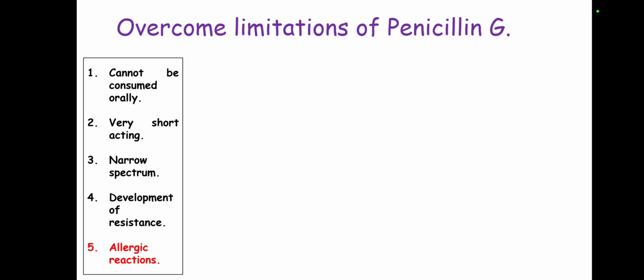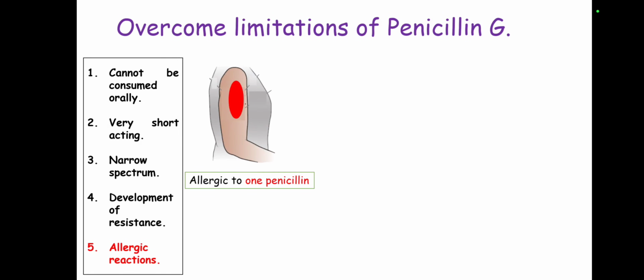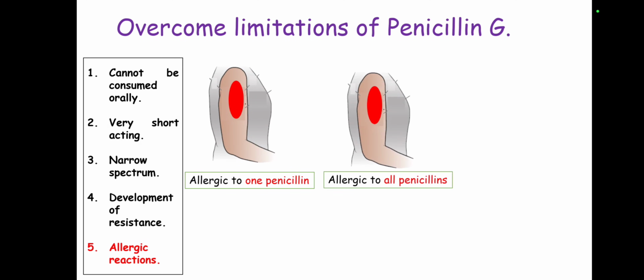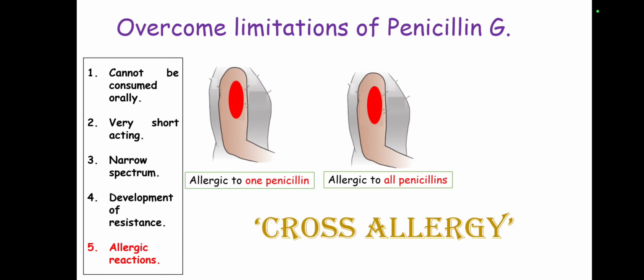Now one point which is special to remember is, if a person is allergic to one penicillin, the person is allergic to all the penicillins also. This phenomenon is called cross allergy. Like if a person is allergic to ampicillin, we cannot give piperacillin or ticarcillin or any other penicillin.